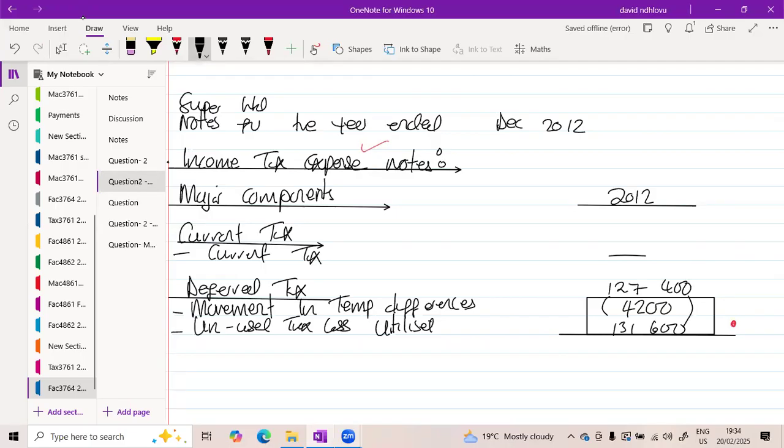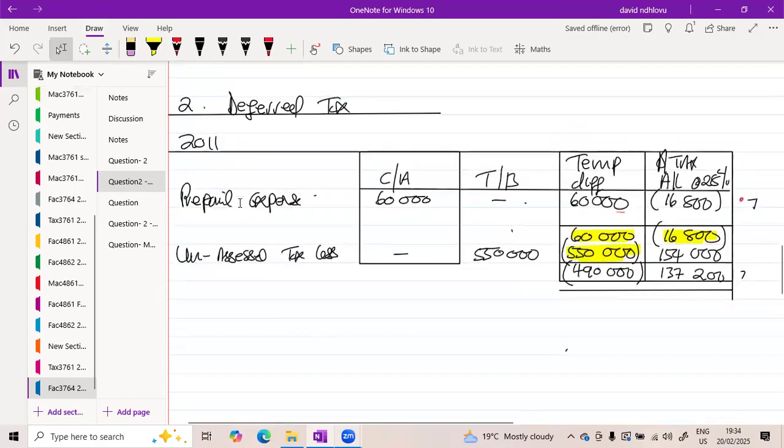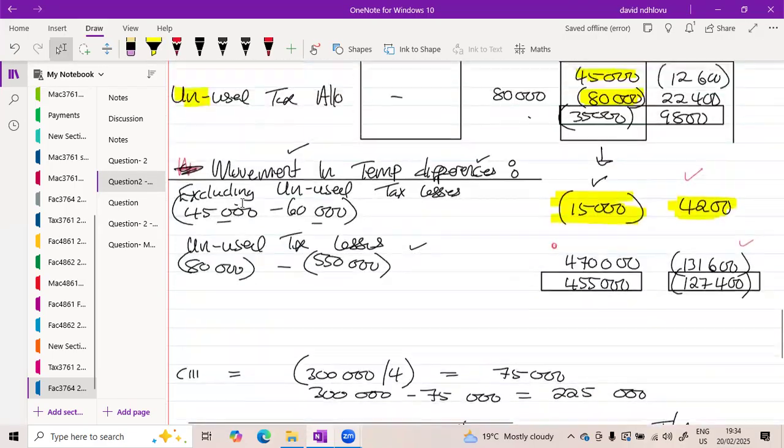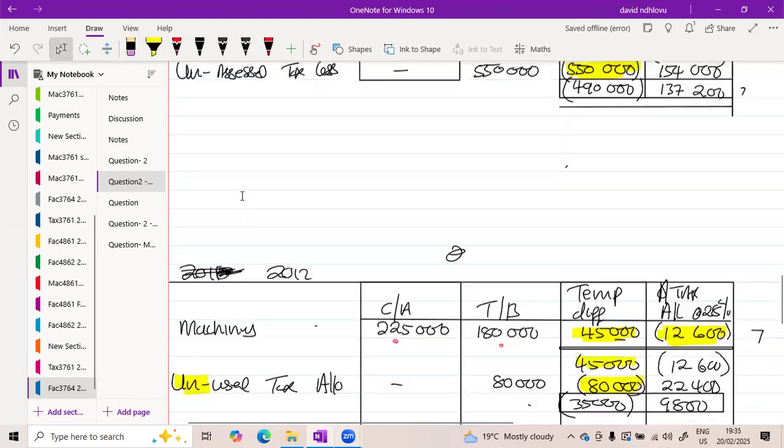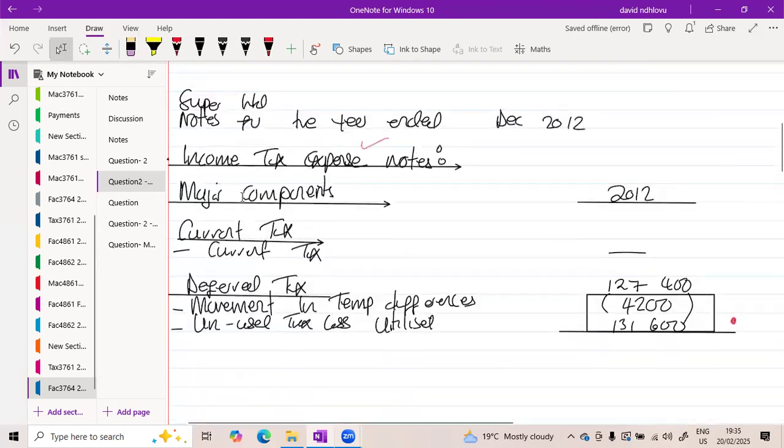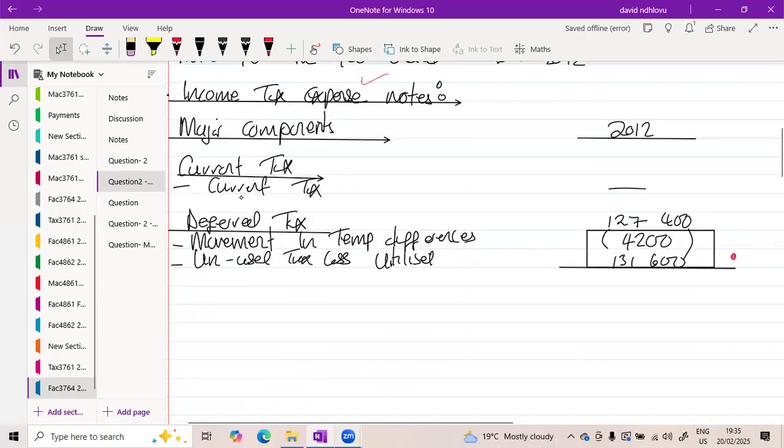Right, while you are still processing the information that I'm giving you, the explanations, just remember, if you can get to this calculation, you don't have a problem at all. If you can do the movement in temporary difference, you just look for this figure. If it is negative, when you come to the top there, it becomes a positive amount. Then overall, we now get 127,400. This is SA normal tax.